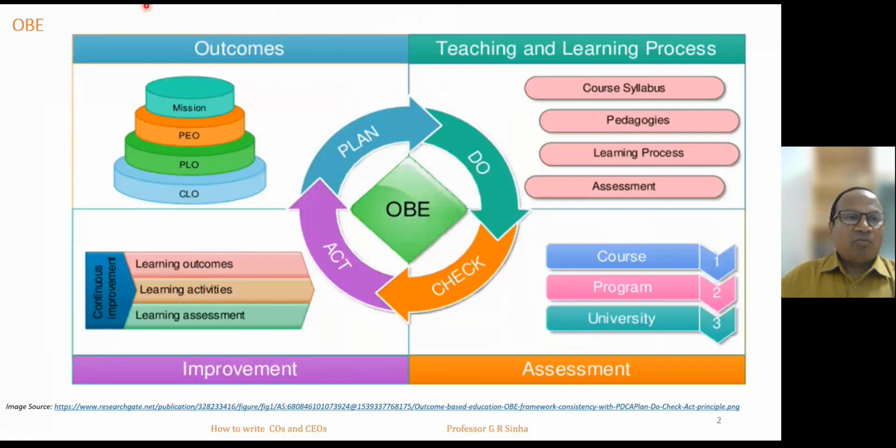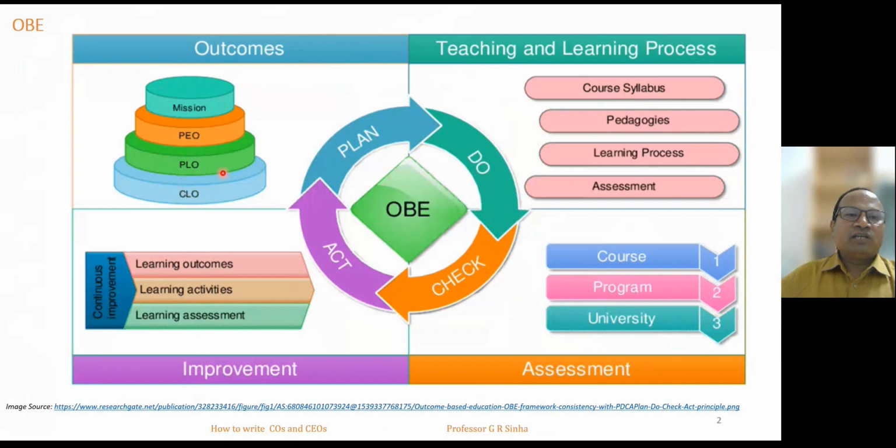So this is a common OBE framework which we have seen in the case of program outcomes also. In the outcome-based education framework, there are main components, namely teaching and learning process, assessment, improvement, and outcomes. The outcomes, which are program outcomes and objectives, are derived from the vision and mission statements of the university.